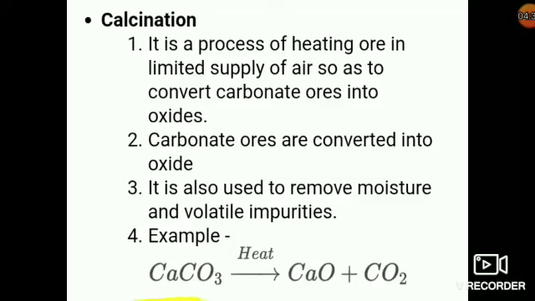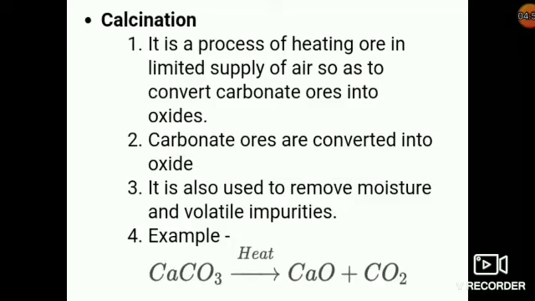Example, calcium carbonate is a carbonate ore of calcium. If you heat it, you will get calcium oxide and carbon dioxide. Carbon dioxide is also a gas, so it leaves the compound in the form of a volatile oxide. The gas is removed, so it is a volatile compound.